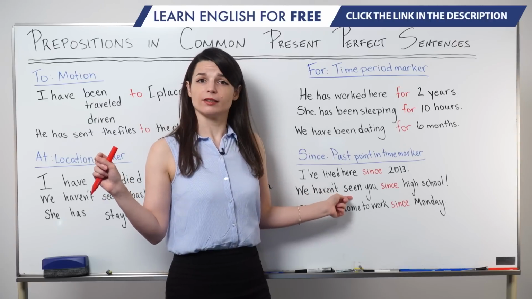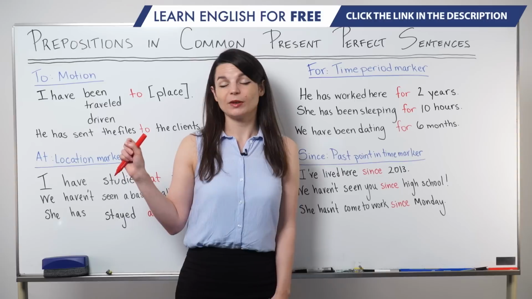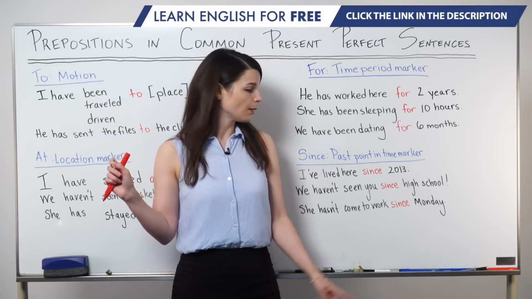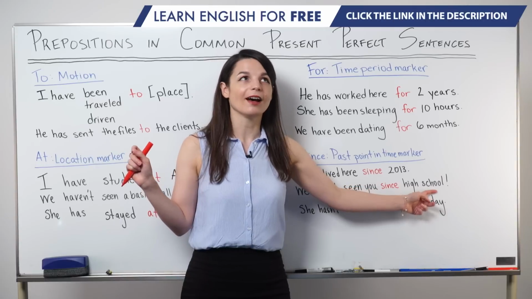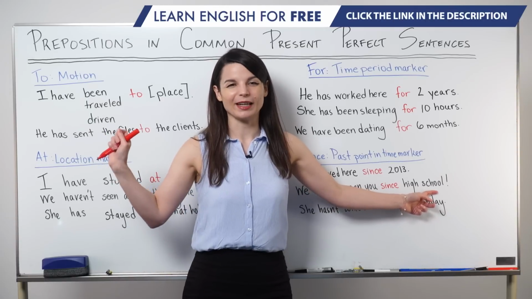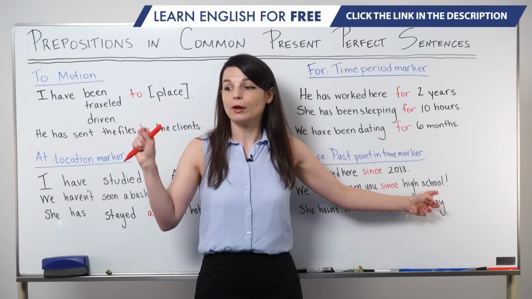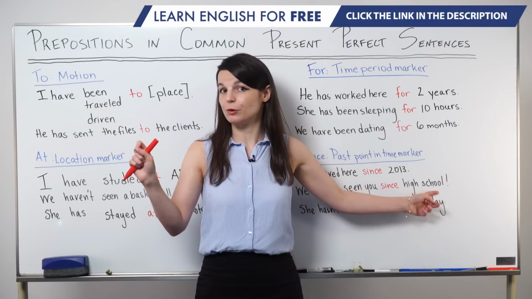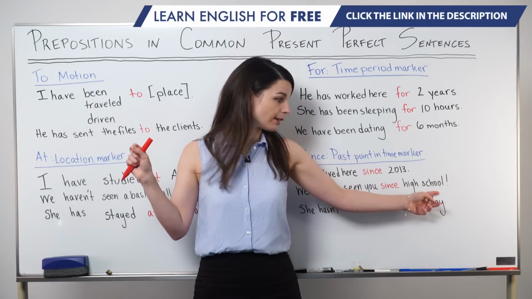Here though, let's look at a negative. We haven't seen you since high school. So since comes before high school here. Now, high school is not like a point in time, like a year or a month or a day. No, but it marks a point like in life, high school. So we can understand high school is our point in the past here.